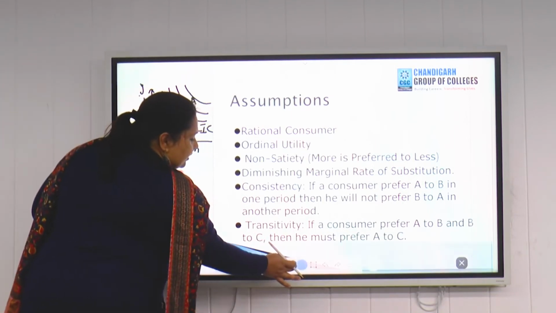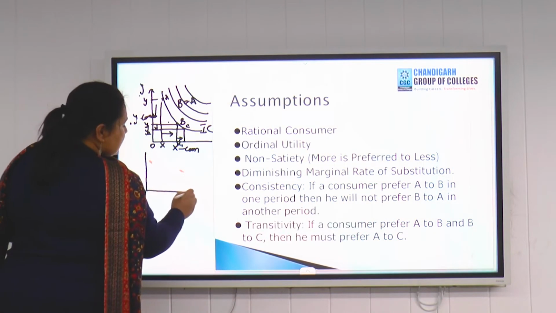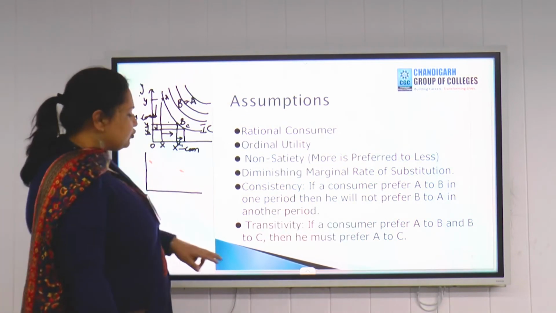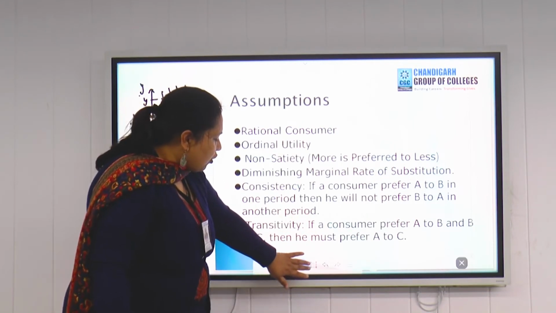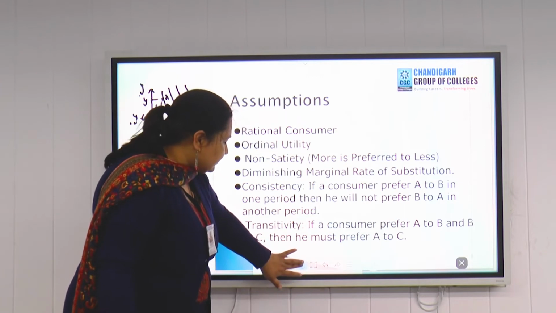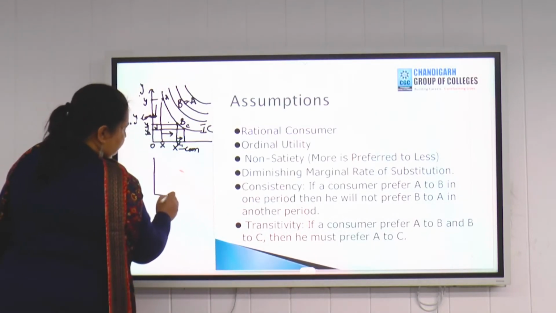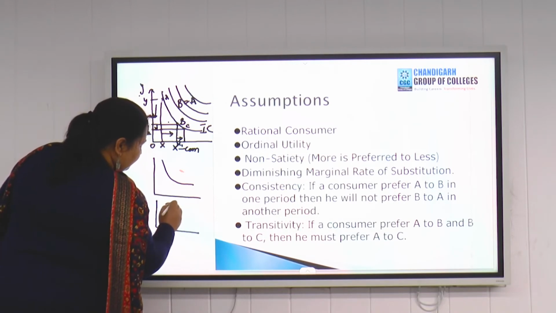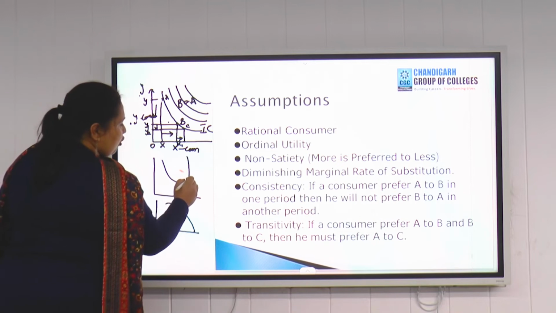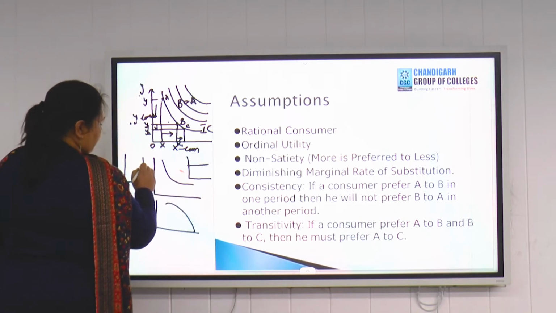Now let me explain this. Indifference curve is always convex to origin. If it is not convex, then it may be concave, or it may be horizontal, or it may be vertical.